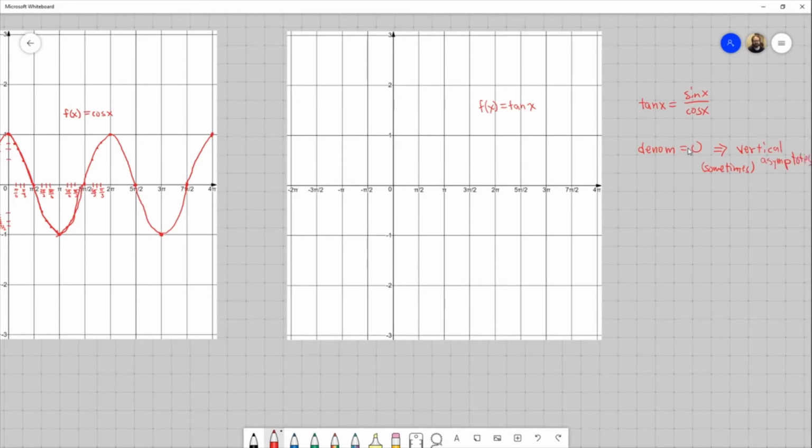Now, the sometimes here, if your numerator also happens to be 0, then that's where you have to do a little bit more work.